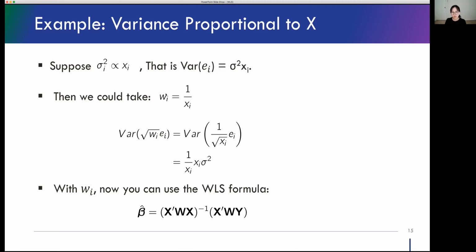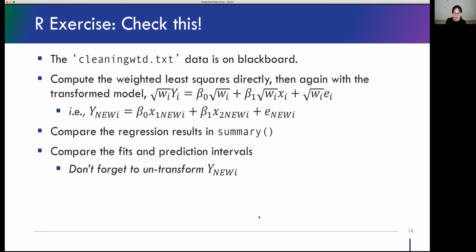And now, when you have this w_i, you can also use the weighted least squares formula like this to get your estimate of beta 0 and beta 1. So these two are equivalent. This one you will need to get the value of w_i. Yeah, you can also use this formula. Well, I think we actually have talked about this, but let's take a look.